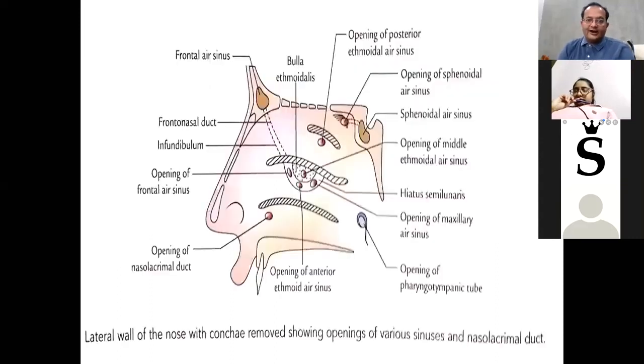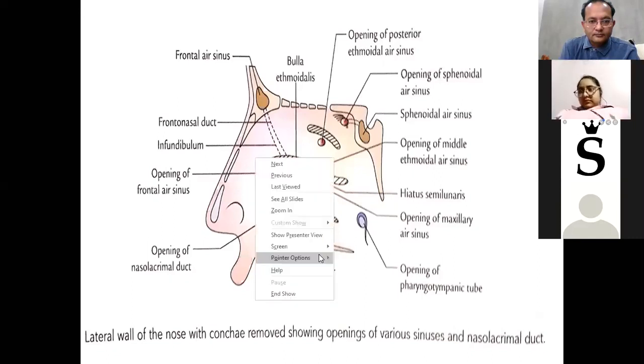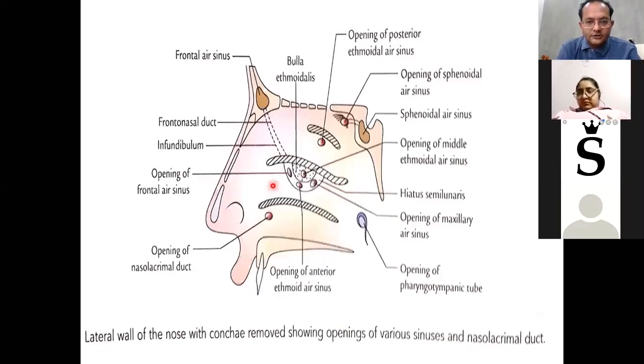Now this is the diagram. You can draw it from your book. This is the superior nasal concha and the space beneath it is the superior nasal meatus.